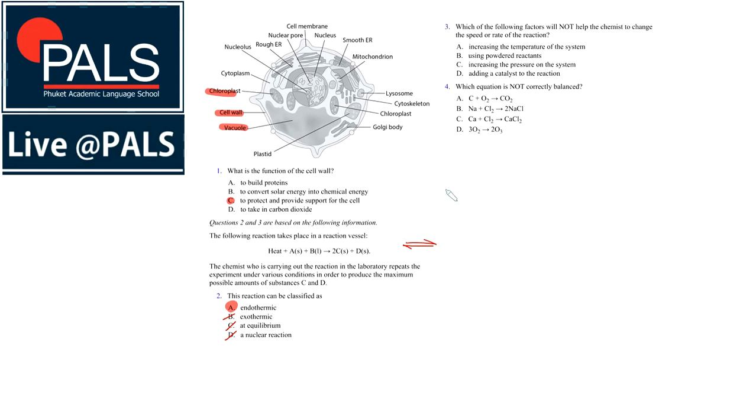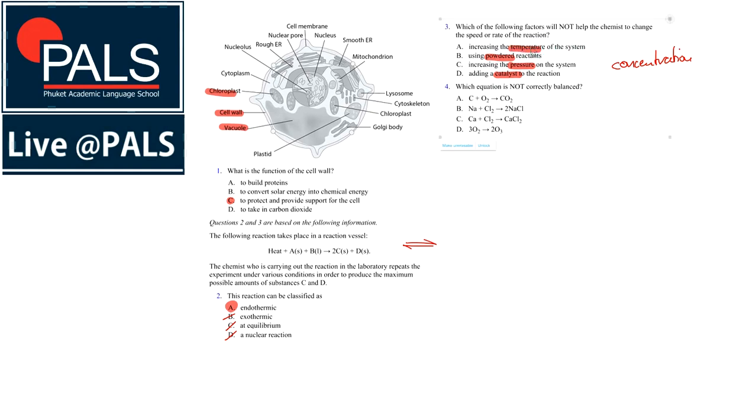So factors that affect the rate of reaction are temperature, surface area, which is either large pieces or powdered reactant, pressure, catalyst, and one factor that is not mentioned here is concentration. So all these factors affect the rate of reaction.